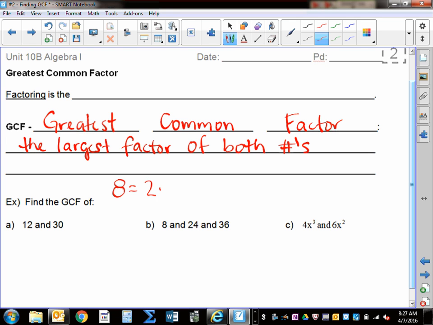Good. So a factor is just a number multiplied by something else to give you that. So 2 and 4 are factors of 8 because 2 times 4 equals 8.